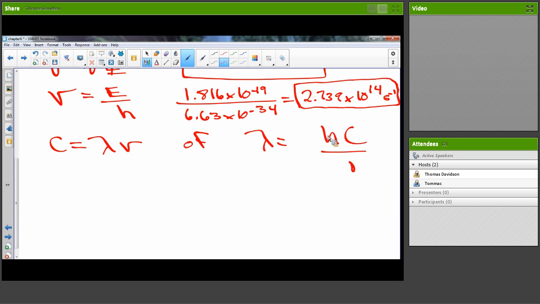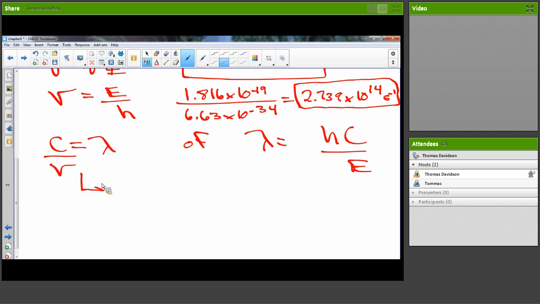Either one of those will work. I find this one easier because there's 3 variables instead of 4. So I'm going to manipulate this so it's c over frequency, right? Just algebra.